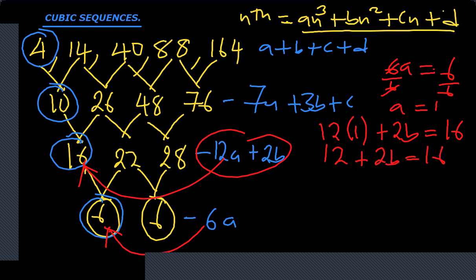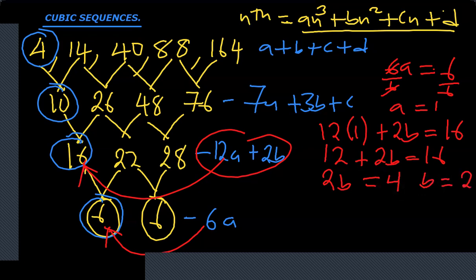Using the subtraction property, you subtract 12 on both sides. So 2b will be equal to 16 minus 12, which is 4. And that tells us our b is equal to 2.